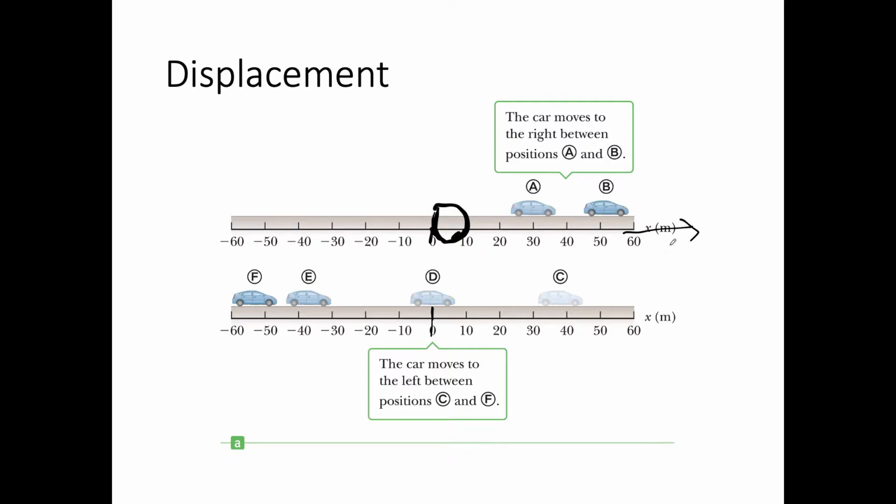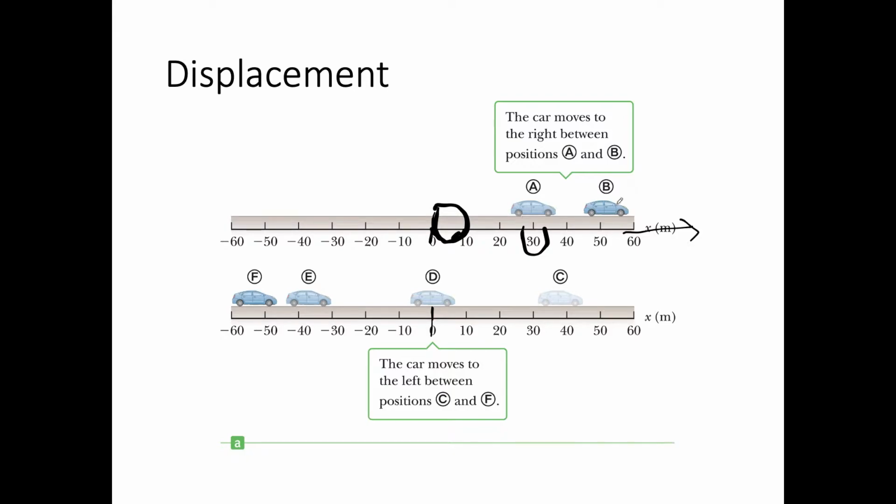If we have a car starting at position A, which is at 30 meters, this is the position of the car, right? After you define the coordinate system, the position of the car is just the reading on the coordinate system.